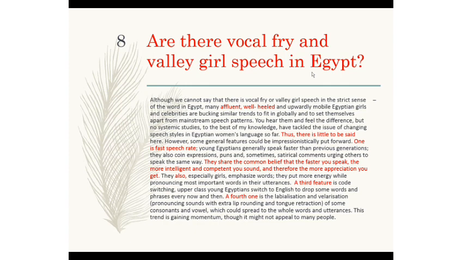However, we have very little to say about that because this needs systematic study and research, and it's too early to say. However, we can say that it happens. Vocal fry and valley girl speech are there in Egypt, in certain areas and spoken by certain social sects.